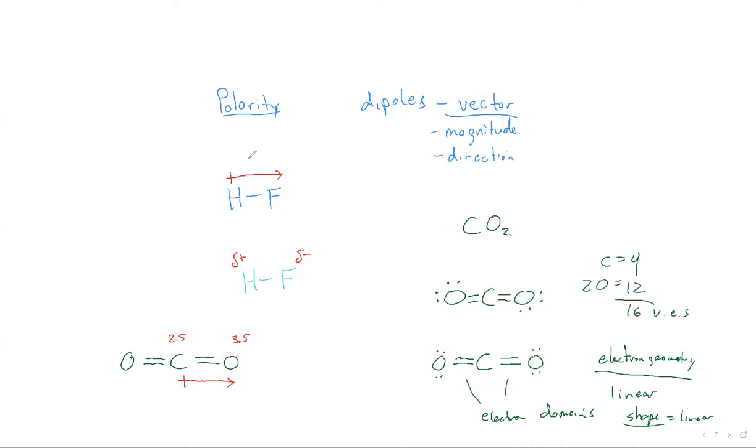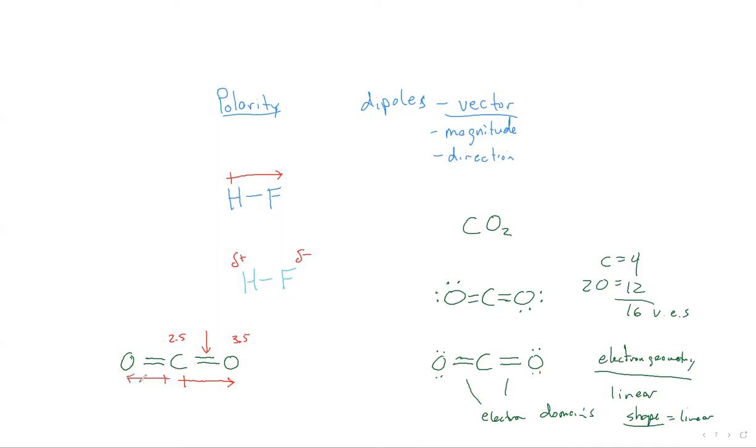And so you can definitely see that there's going to be a dipole going from left to right. But then if we look at the other bond, there's a magnitude and a direction. Those shared electrons are pulled towards the right, towards oxygen. And then these shared electrons are also going to be pulled towards the right, towards oxygen.